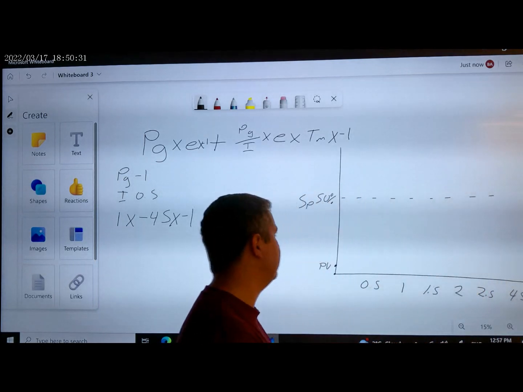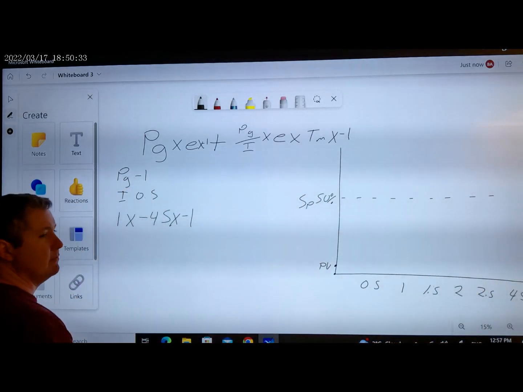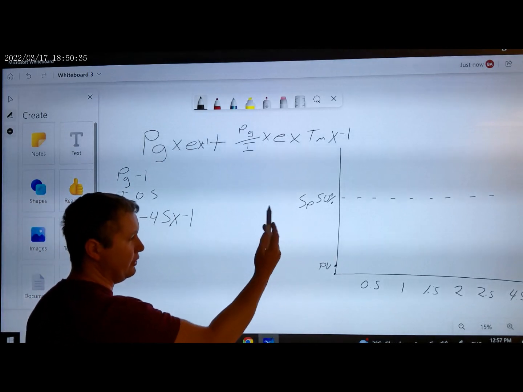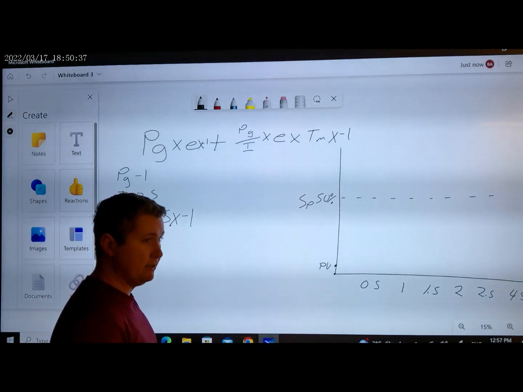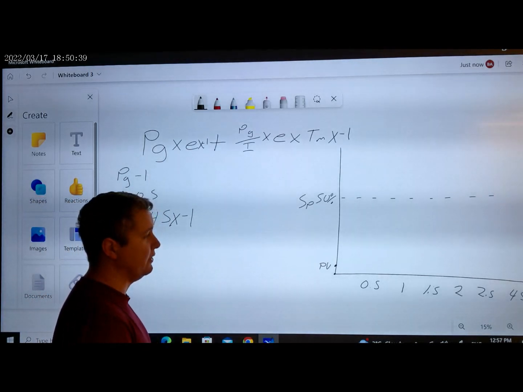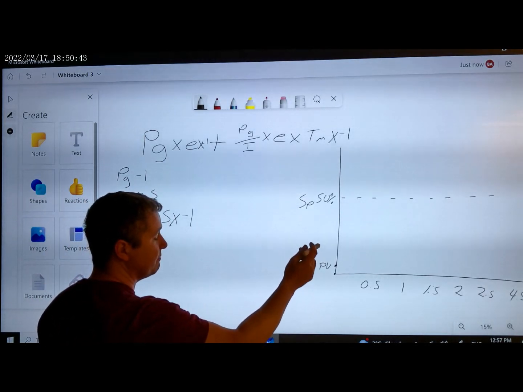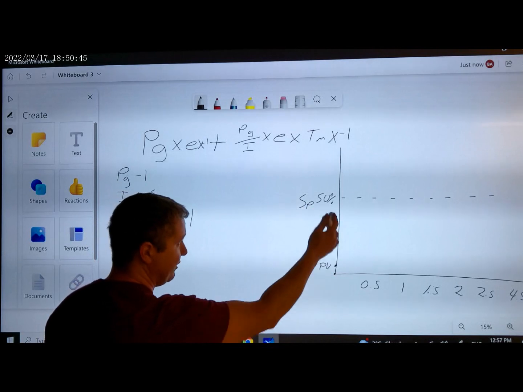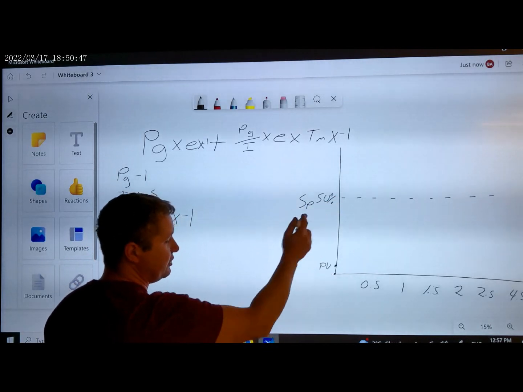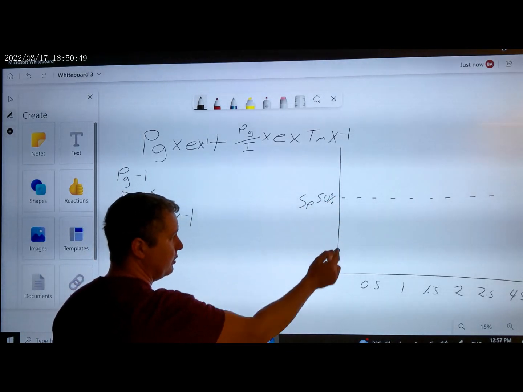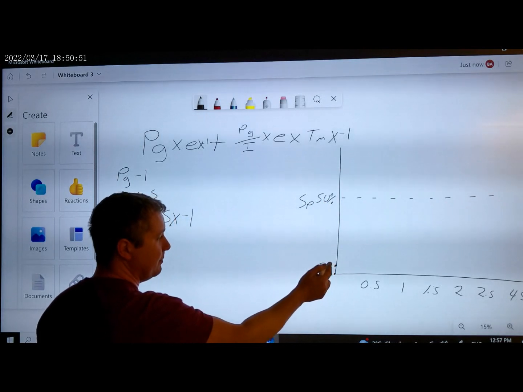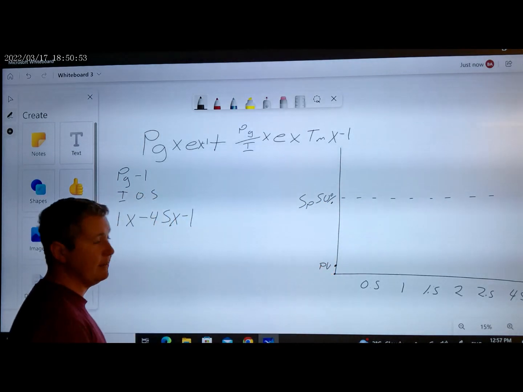You can do that if you want, but that's just adding steps. You just have to know that your error is your set point minus your process variable, and it's the deviation between the two. If your set point is above your process variable, it's going to be negative.